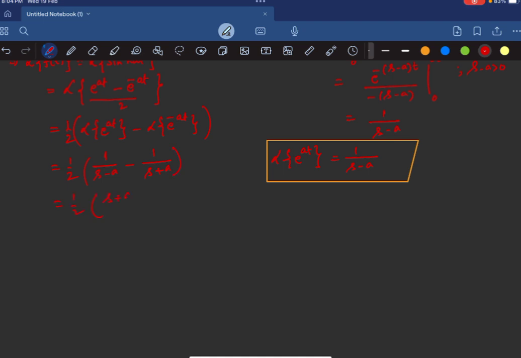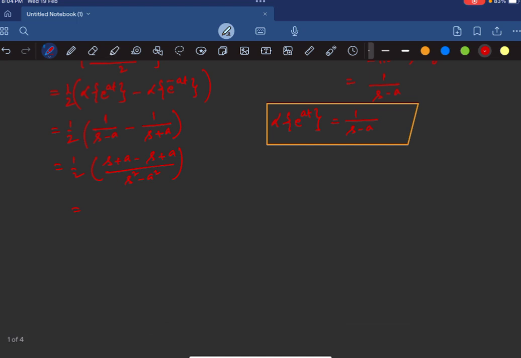If you do this calculation properly, you have s square minus a square in the denominator, and in the numerator 2a, with the half. So the Laplace transform of sine hyperbolic at is given by a by s square minus a square. This is another standard formula, so you need to remember it.